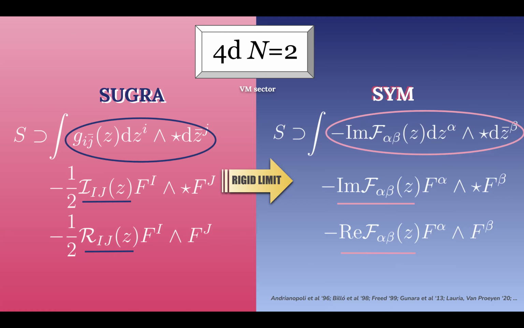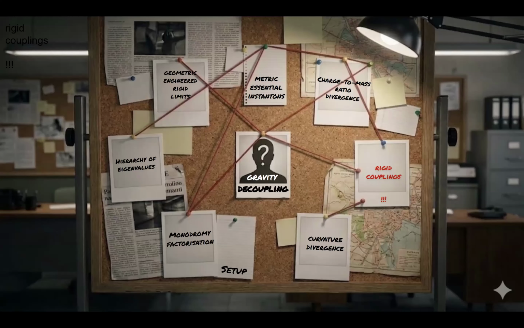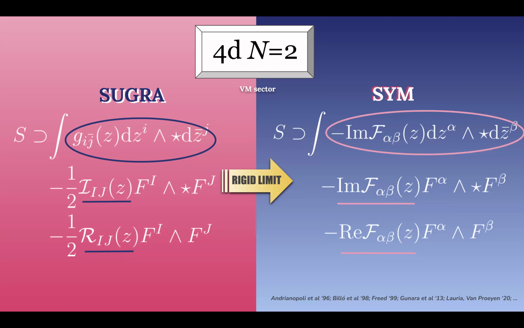This already allows me to introduce the first point in this net, the first condition to start to have a look if we want to claim gravity decoupling. In fact, from here, we immediately understand that a trajectory in the moduli space must be making a subsector of the theory, by its very couplings, look like a theory without gravity.